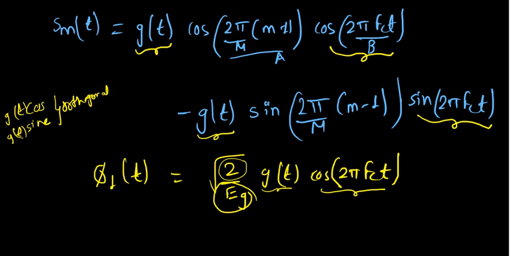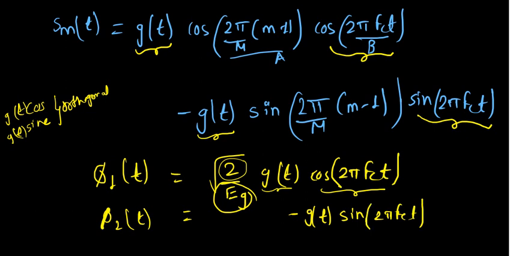Similarly, phi 2 is given as, taking the minus sign as well, minus g of t into sine 2 pi fct, and we are dividing by Eg, with the 2. Or you can take the minus sign just outside.